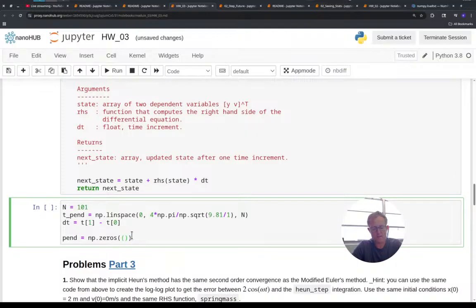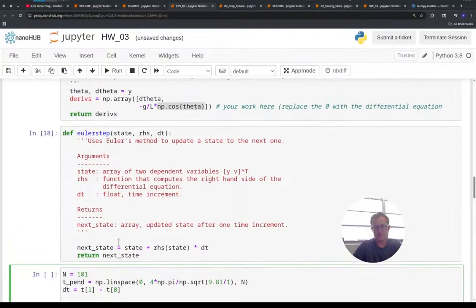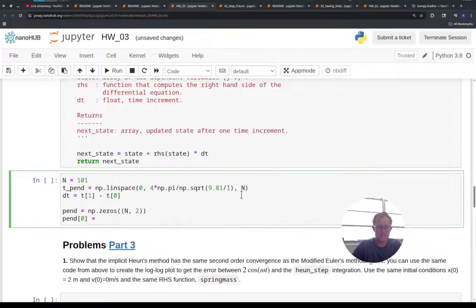I want it to have N rows, the same size as T, but I want it to have 2 columns because I have 2 variables, the theta and theta dot. Pend of my first solution that I already know is my initial value. So it's pi over 6 and 0.